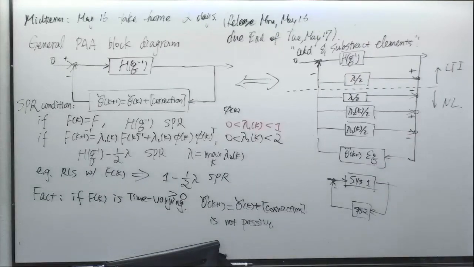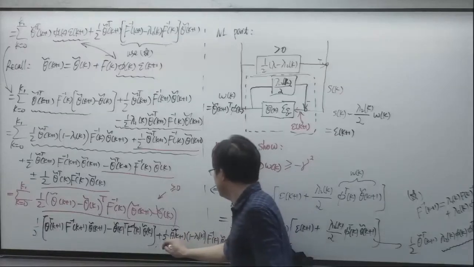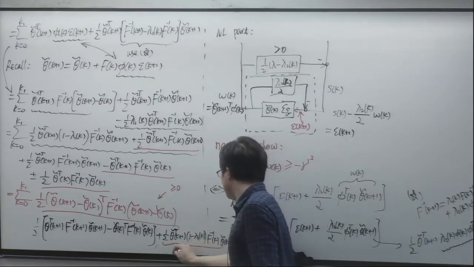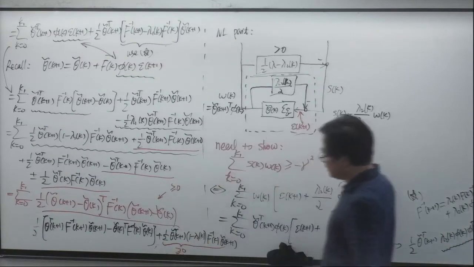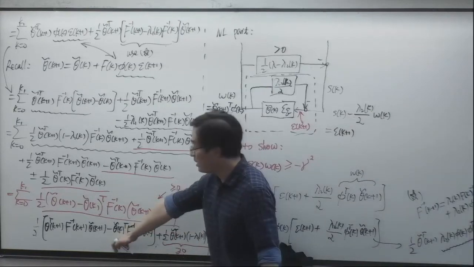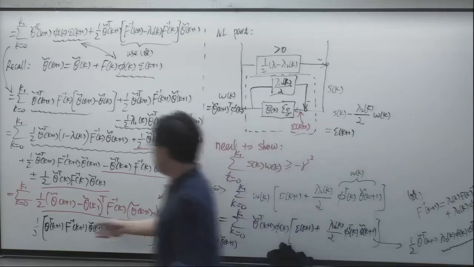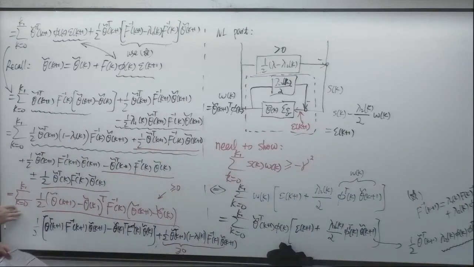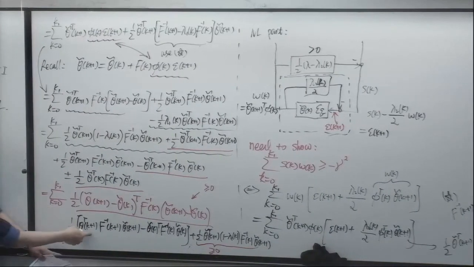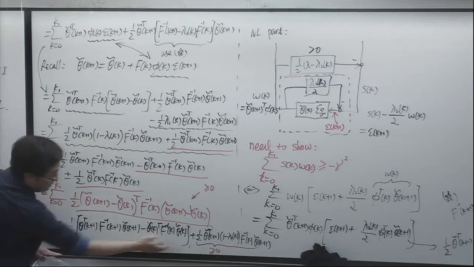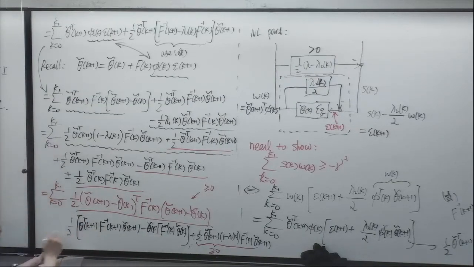So this part is also always non-negative. The last part is the same thing that we have done before. This is the summation over k of these terms, and then we have the cancellation happening exactly the same as in the recursive d-square formula.